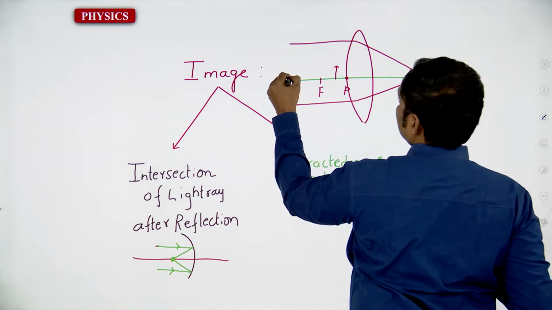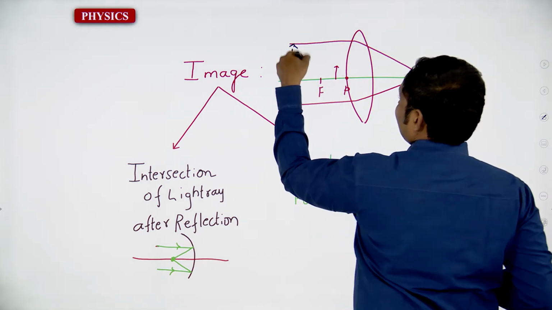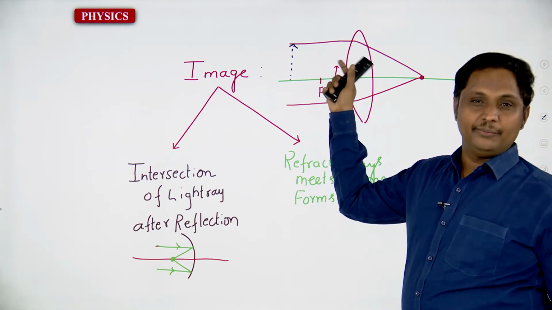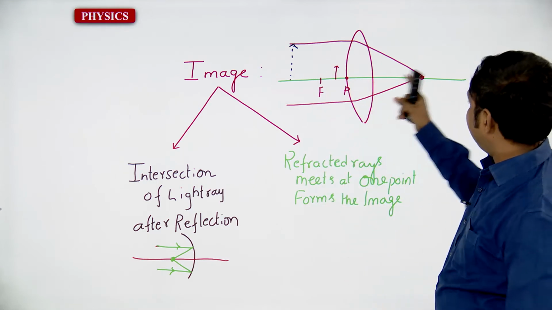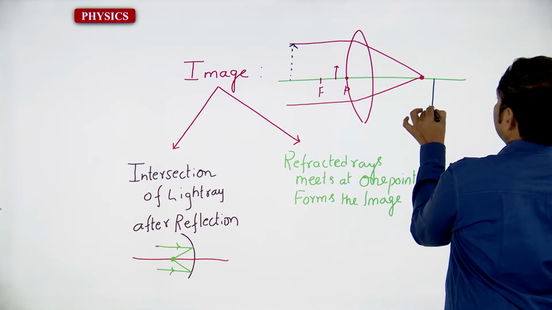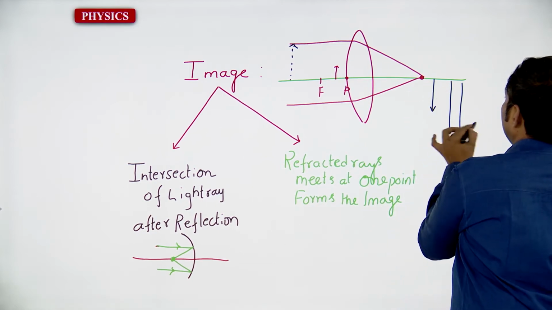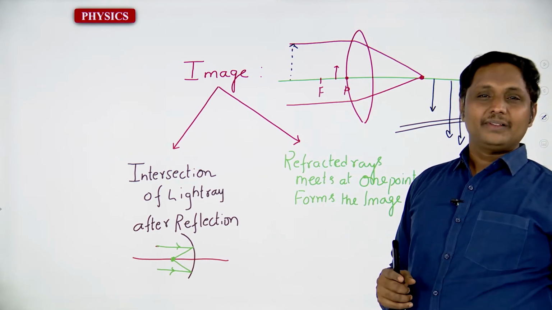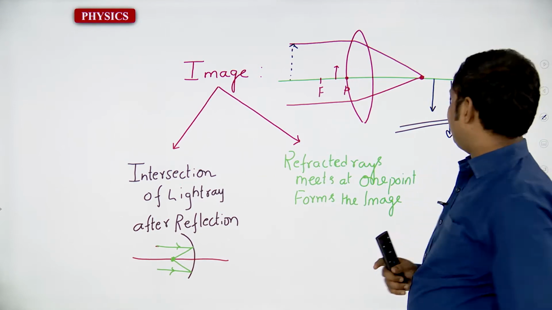This is going to be virtual. This is the case we have to discuss: when does it become a virtual image? In these other cases, these are all going to be real images.